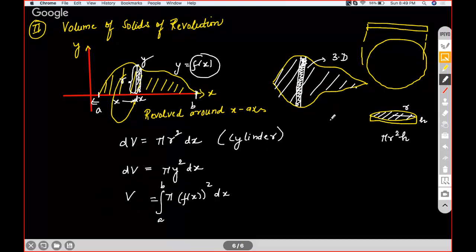Now if I ask you, you have a curve like this, let's say from y equal to a till y equal to b, and you rotate this about the y axis.